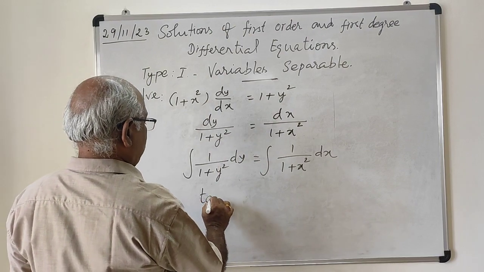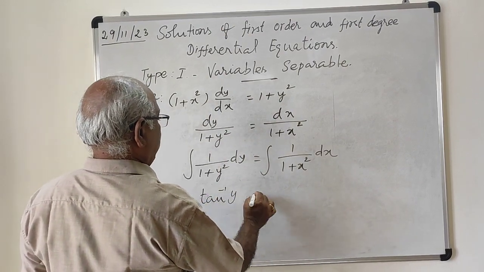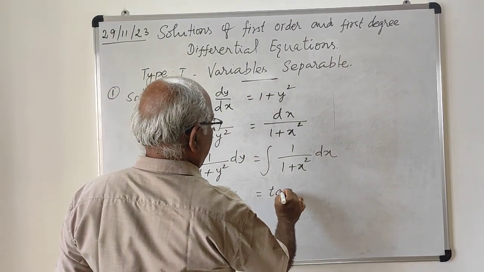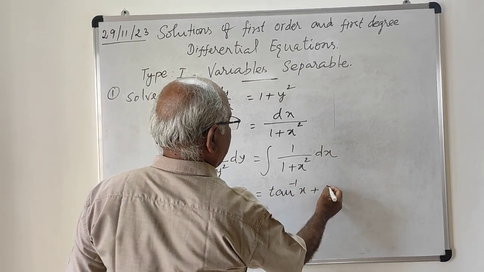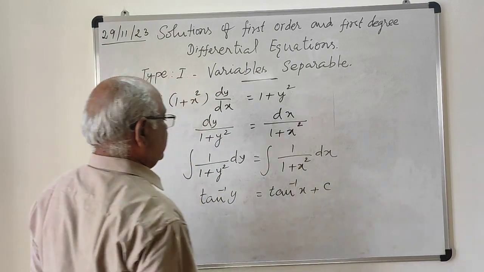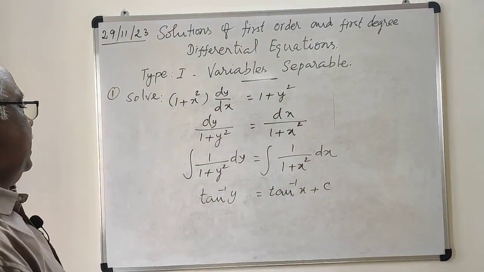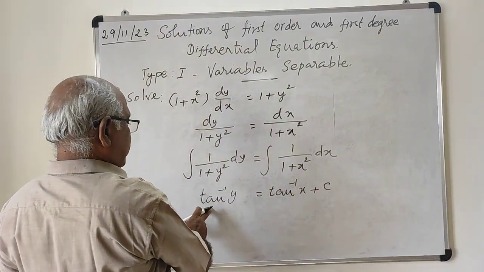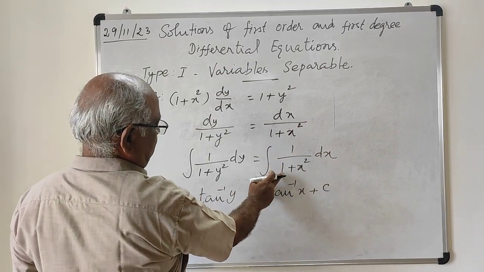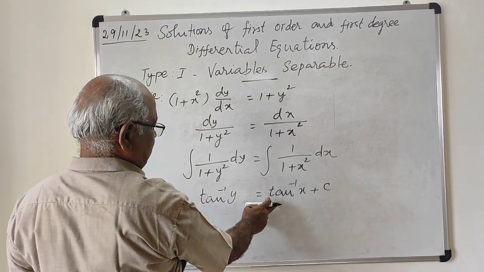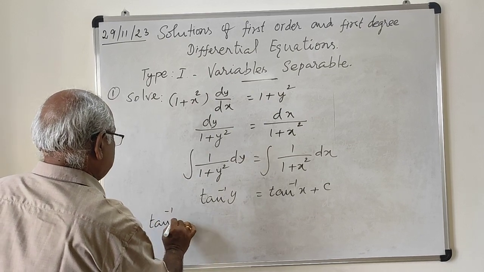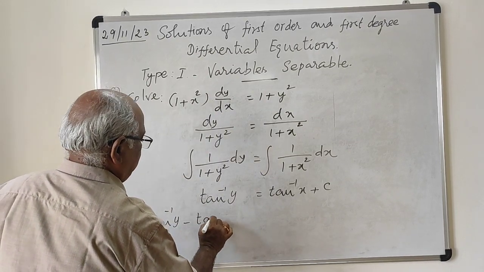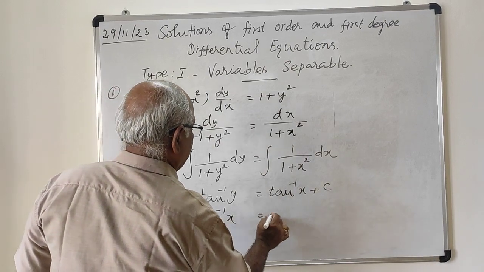The integral of 1 by 1 plus x square is tan inverse x plus an integrating constant c. You bring tan inverse x to the left hand side. It is tan inverse y minus tan inverse x equal to c.